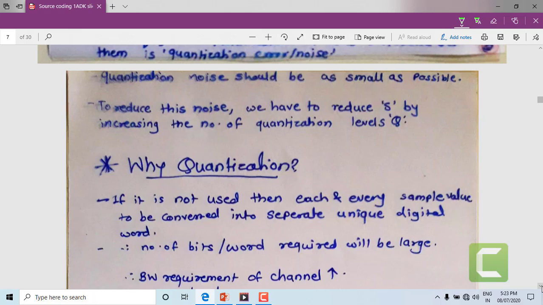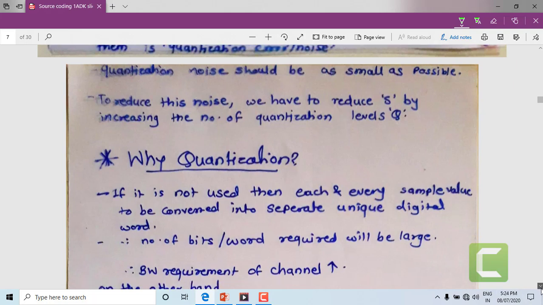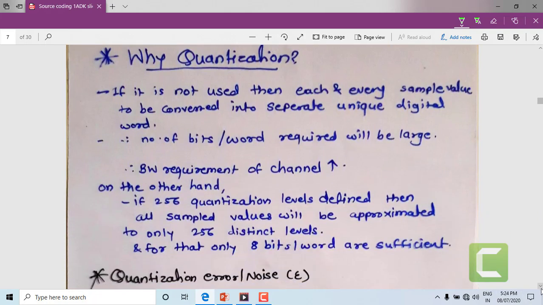The number of levels will be more compared to the number of levels after quantization. If the number of levels is more, the bits used for level encoding will be more in number, and this per-word increase in bits will increase the bandwidth requirement of the channel when data is transferred.